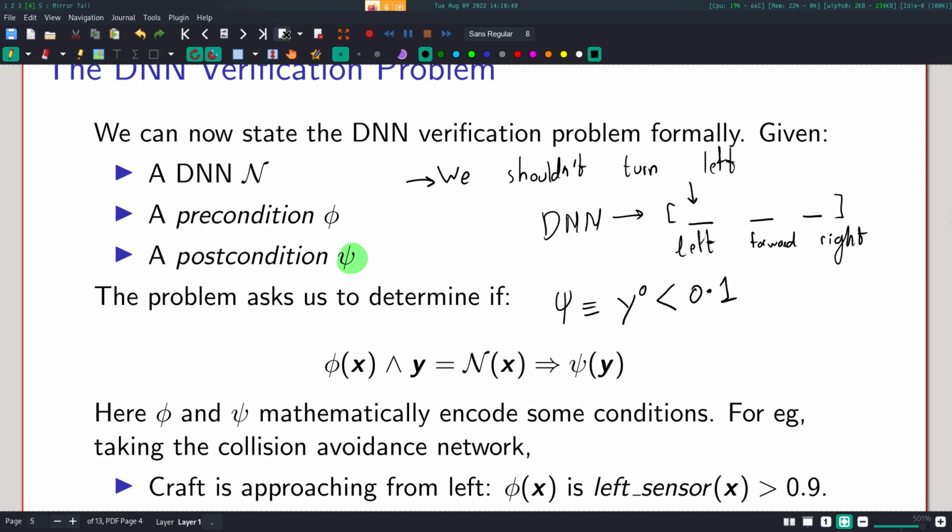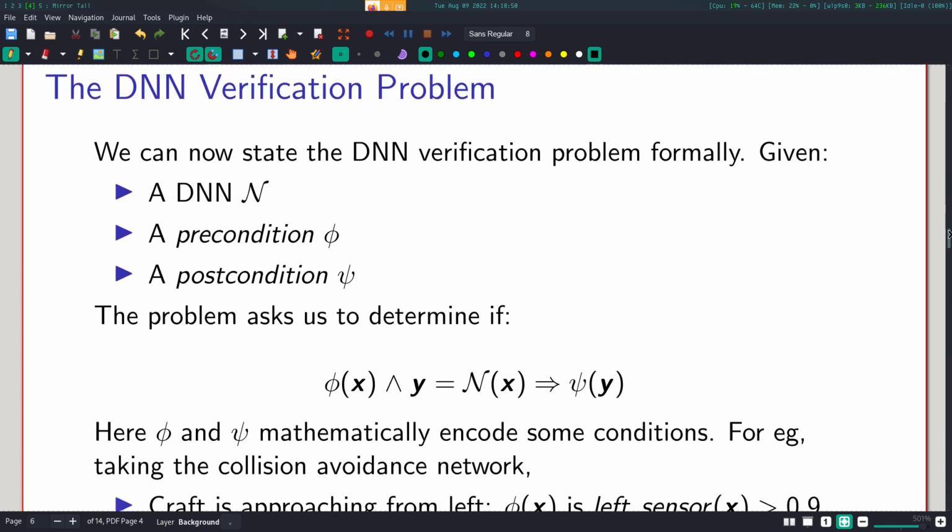So now, if you remember, we had specified a safety property for this collision avoidance situation as follows, right? If you have an intruder to the left, that means that you should not turn left.